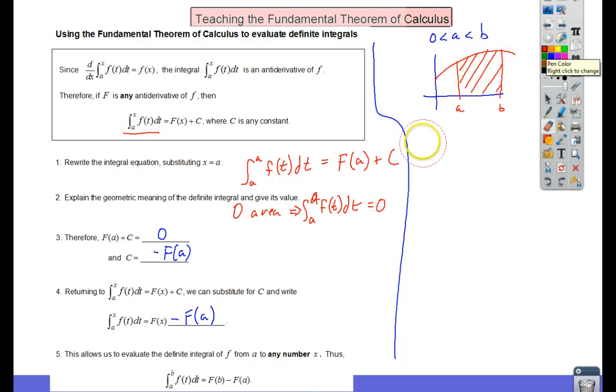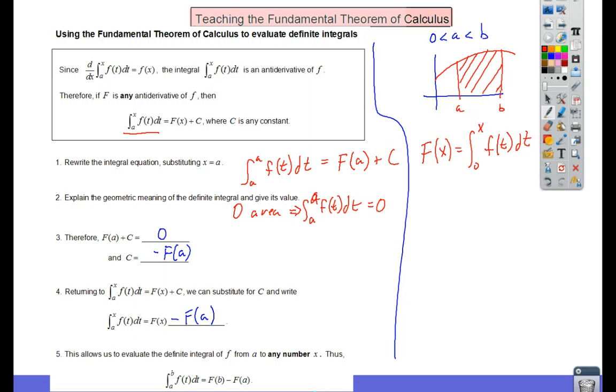Let's say I have this function that is described as capital F of x equal to the integral from 0 to x of f of t dt. Then how can I get this area here, because that's what I want to find.